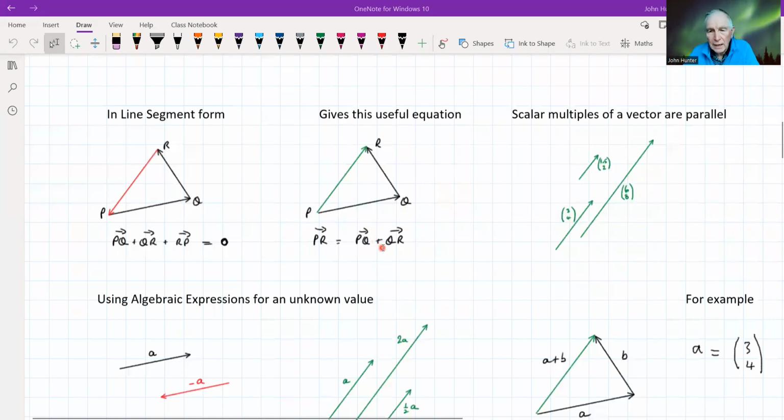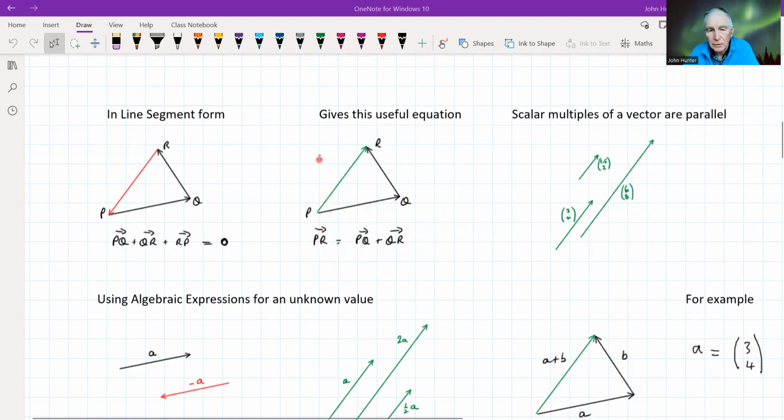Now, this is a really, really useful bit of notation, because if we look at PQ, QR, the idea really is that these Q's, in a sense, cancel out. So if we've got something like PR, we can expand it out.